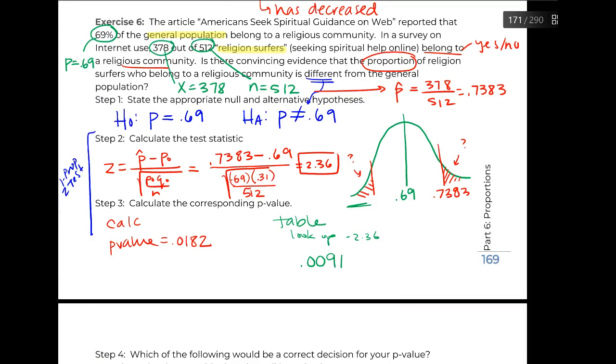And then we have to remember, since I had a not equal to, I need to multiply that by 2 because I want both of these tails. So 0.0182, same value from the table that we got from the calculator.